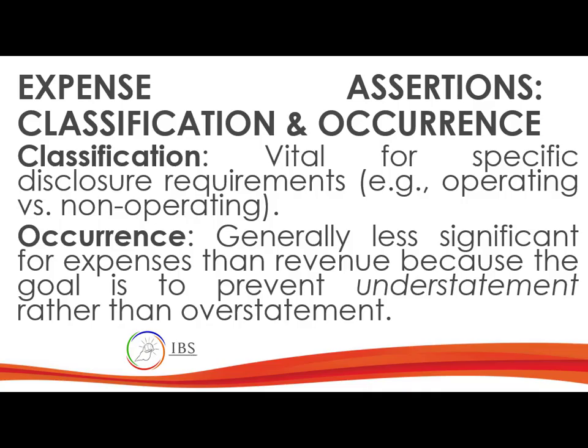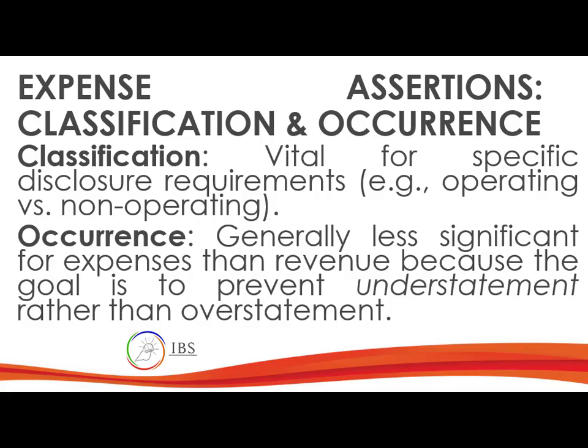Now, classification, I already mentioned about classification. You just have to ensure that the expenses they are reporting are classified properly, or included in the right category. Occurrence is less significant for expenses because it is the opposite of revenue. In revenue, most likely you will recognize, and as soon as you recognize, you will report.